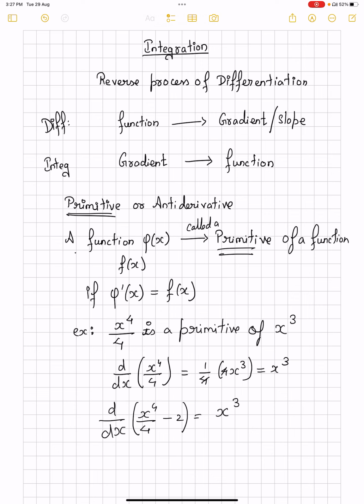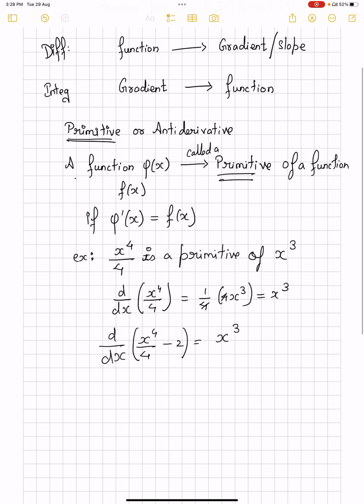The 4 gets cancelled, and you are left with x cubed. The same thing happens when you differentiate x to the power 4 by 4 minus 1, or plus 1, or plus 2 minus root 3, whatever the constant is. But x to the power 4 by 4 should be there, followed by the constant. You would get your answer as x cubed.